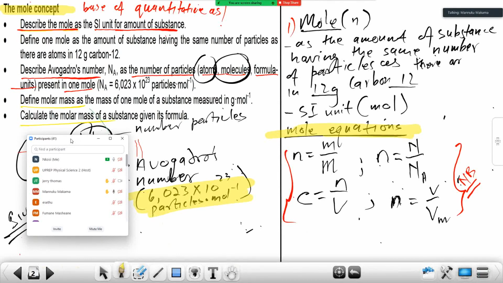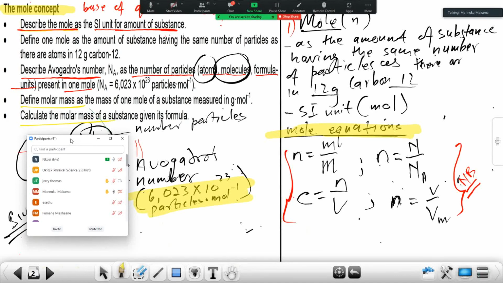So, sir, in the Avogadro's number, it says that the Avogadro's number is the number of particles in one mole. Is there going to be a case whereby there is more than a single mole? Is there going to be a chance where we don't have a single mole? 100%.